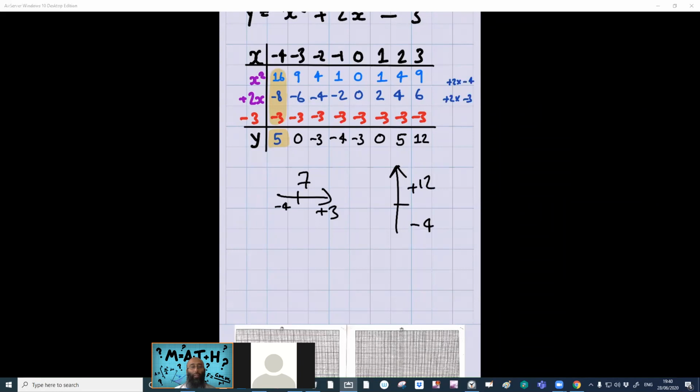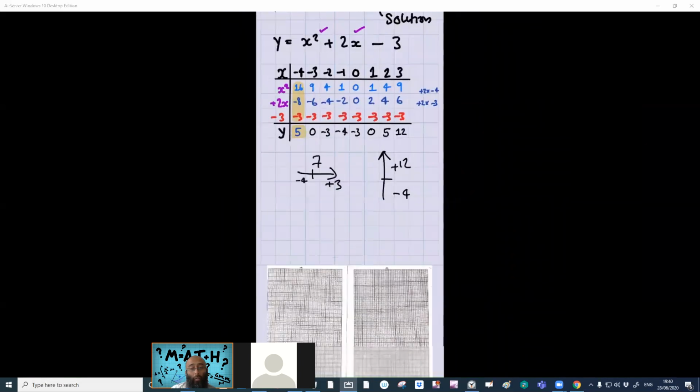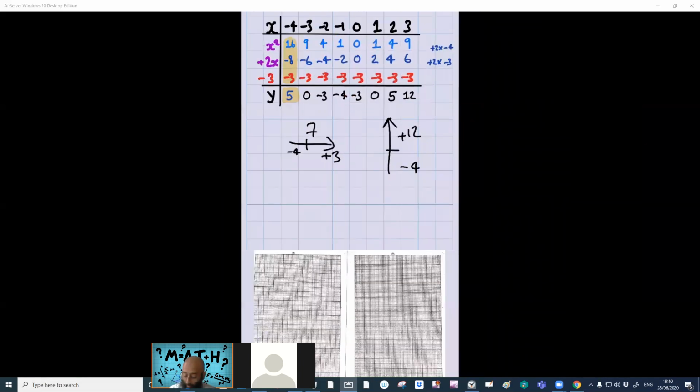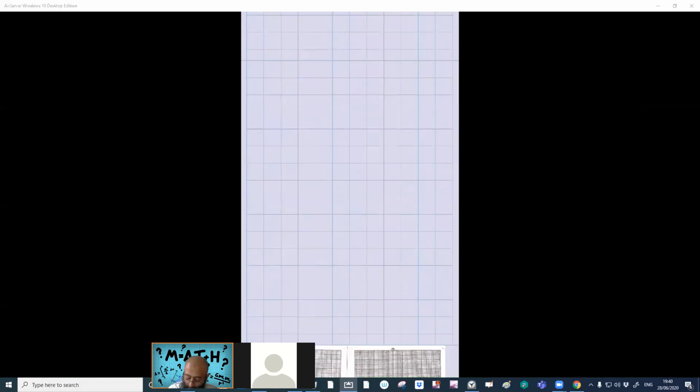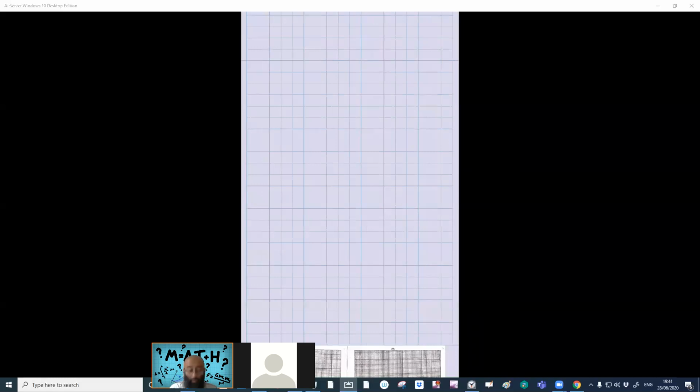Okay, so we're going to most likely have to double up because I don't think we've got enough space on our graph papers. So let's quickly pop in another page. I don't know whether I can change the next page because I think the graph paper is a little bit too big. Yeah, okay, that looks better.